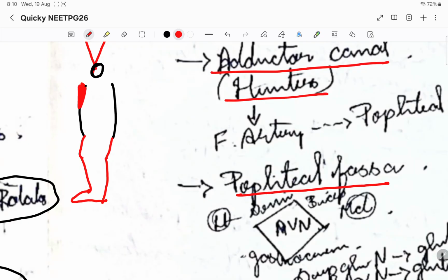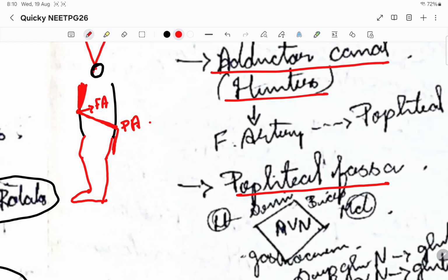So this is the femoral triangle, and just below it, I told you, there is a canal. This is the adductor canal, where the femoral artery will pass through and become the popliteal artery.